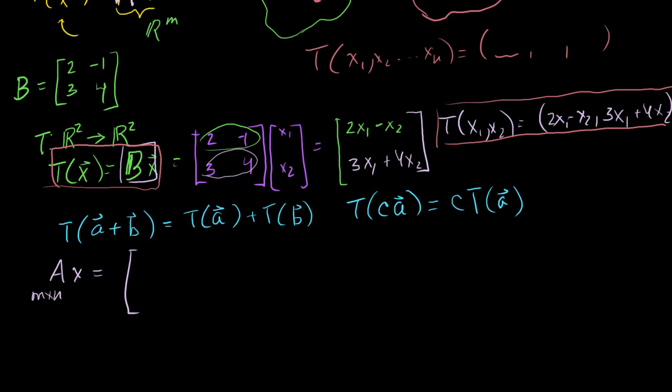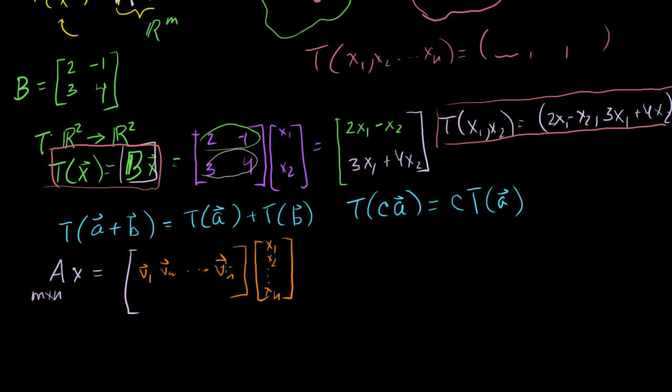We can write any matrix as just a series of column vectors. So this guy could have n column vectors, let's say v1, v2, all the way to vn, and each of these is going to have m components, times x1, x2, all the way down to xn. And we've seen this multiple times before.